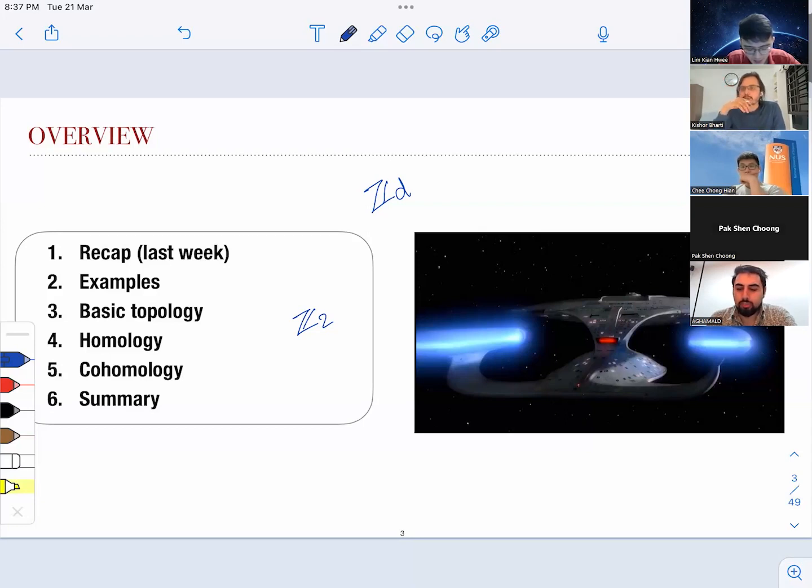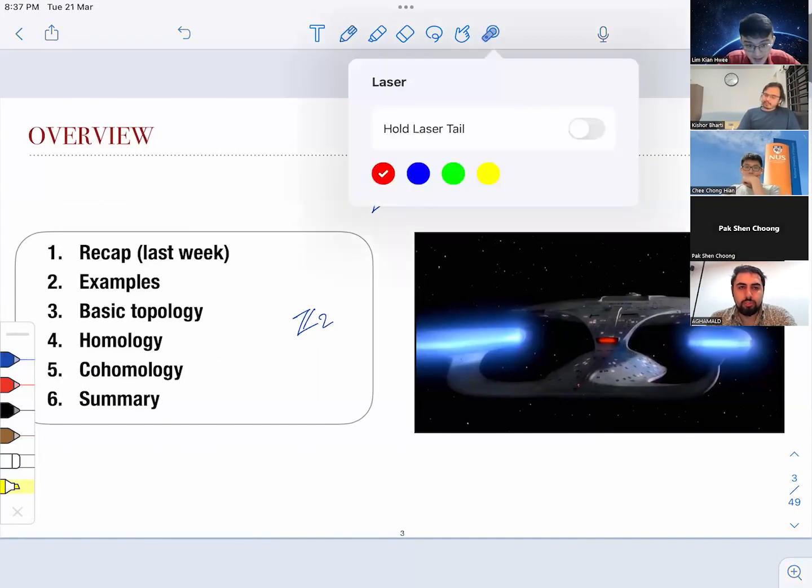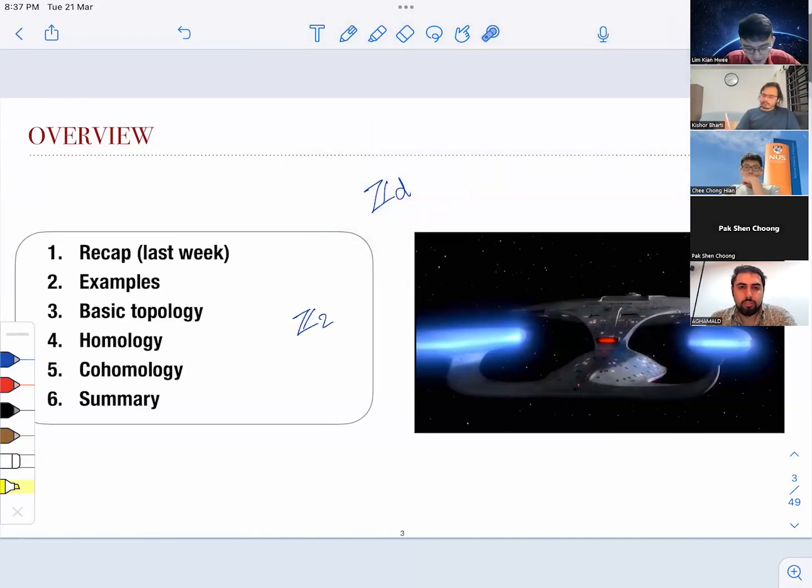But for the moment, in this tutorial, we will only focus on Z2 homology and cohomology. As I mentioned, Z2 homology is important if you want to develop quantum error correction codes for qubits, and they are interesting in themselves.